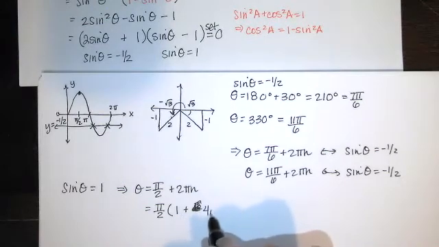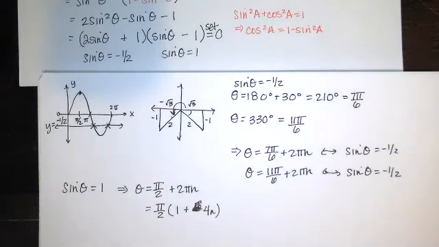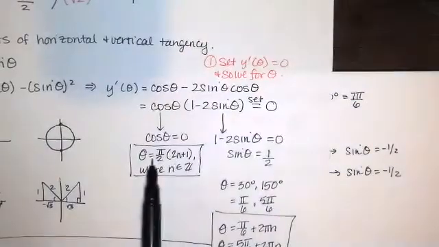I guess I need a 4 there. Yeah, 4n times pi over 2 is going to give me 2 pi n. Okay, so this is 4n plus 1. 4n is even, no matter what n is. If I add 1, that's going to be odd. So these are all odd multiples of pi over 2, and these are odd multiples of pi over 2.